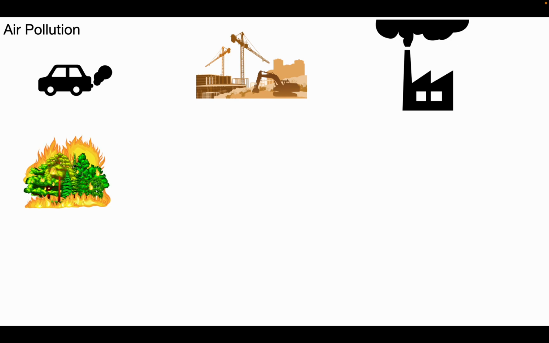And smoke and ash from forest fires and volcanic eruptions. Now, volcanic eruption is something which we cannot avoid. But forest fire, it's a natural phenomenon, but there are causes for it also.